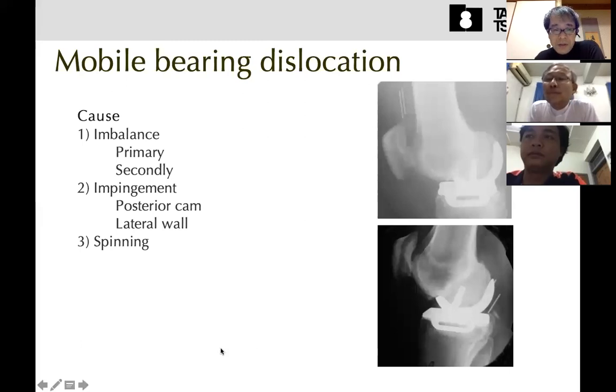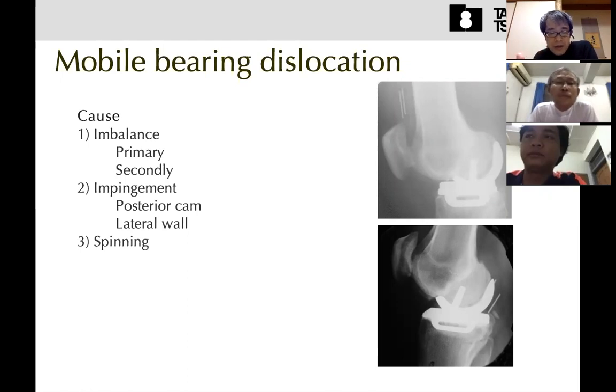And spinning. Bearing spinning can also cause dislocation because the bearing is thicker anteriorly and a little bit thicker posteriorly. On the anterior side, it is 5 millimeters thicker compared to the thinnest side of the bearing, and posteriorly 3 millimeters higher, but both sides are only 1.5 millimeters.